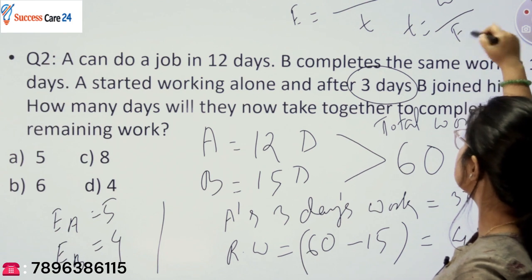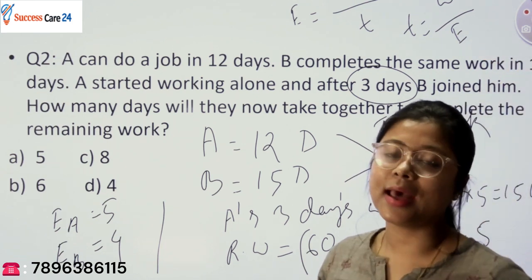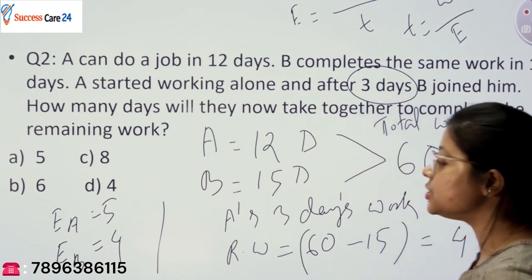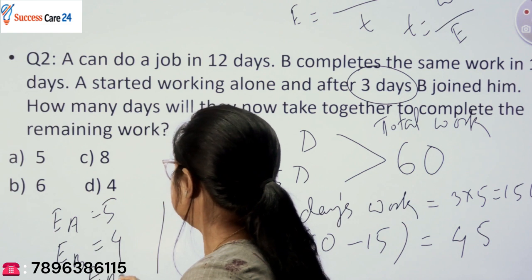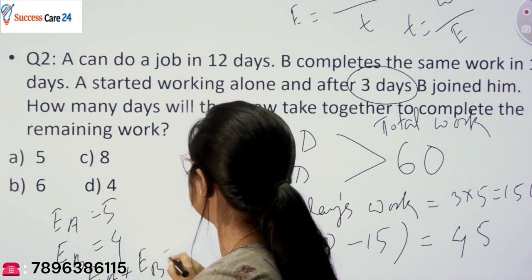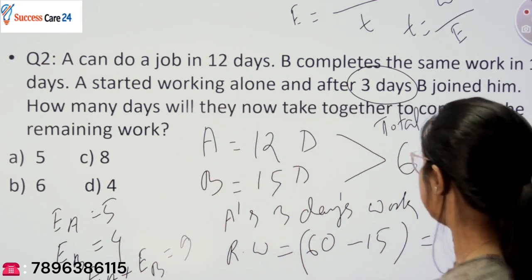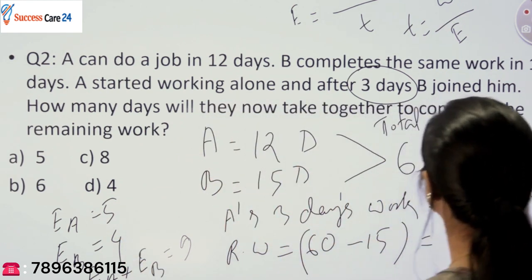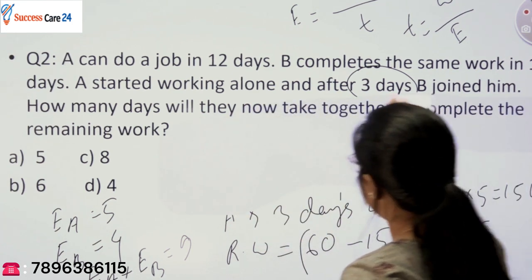Time is work done by efficiency. And here you will consider the combined efficiency of A and B. So what is the combined efficiency of A and B? EA plus EB is equal to how much? 9. 5 plus 4, 9. Alright. So if we divide the remaining work by the combined efficiency, we will get the number of days.